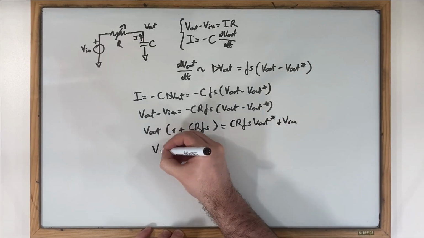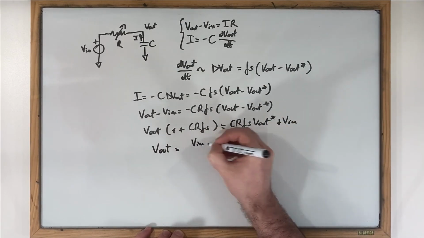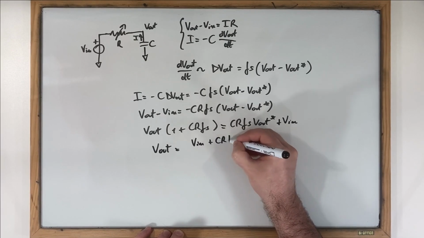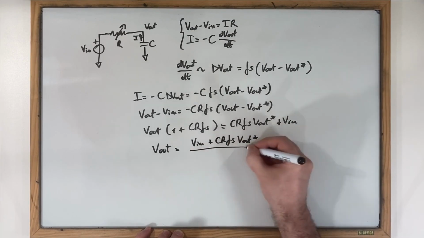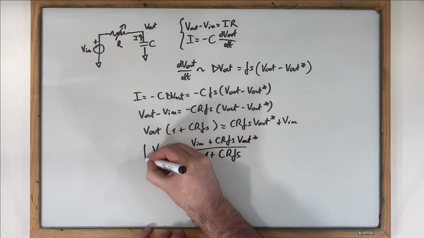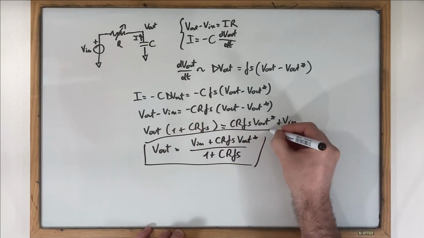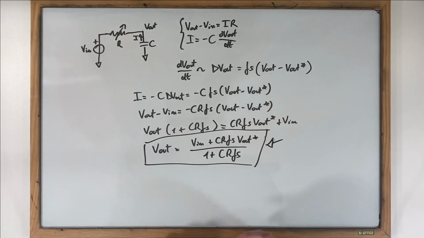So we just divide to obtain our final formula, which will be Vin plus CR times sample rate times Vout delayed, over 1 plus CR times sample rate. This formula here is what we will use to implement our digital filter.